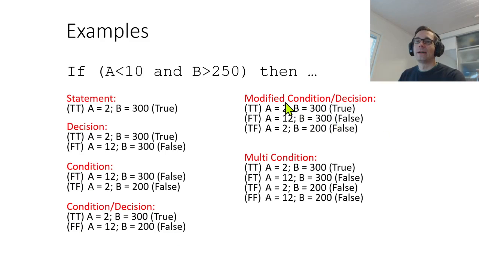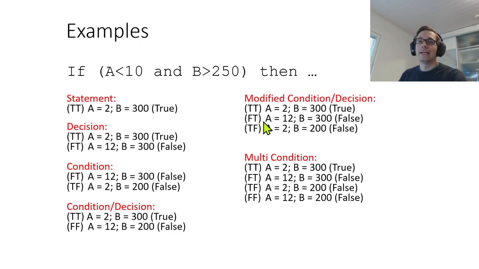In modified condition decision coverage, we require that each predicate is shown independently to affect the decision, so we need three test cases. In the first one, they are both true, and the entire statement evaluates as true.